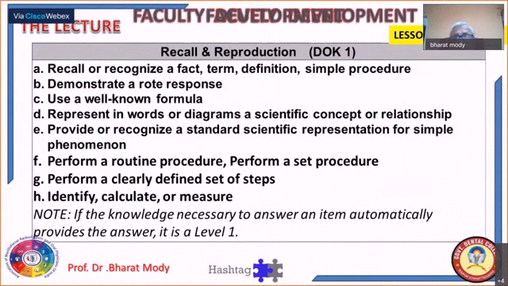So this is basically a recall kind of a thing, and that is the lowest amount of knowledge which the student should be able to have. In the psychomotor domain, suppose you ask them, show me where is caries, then probing with the probe, that would be your depth of knowledge level 1.